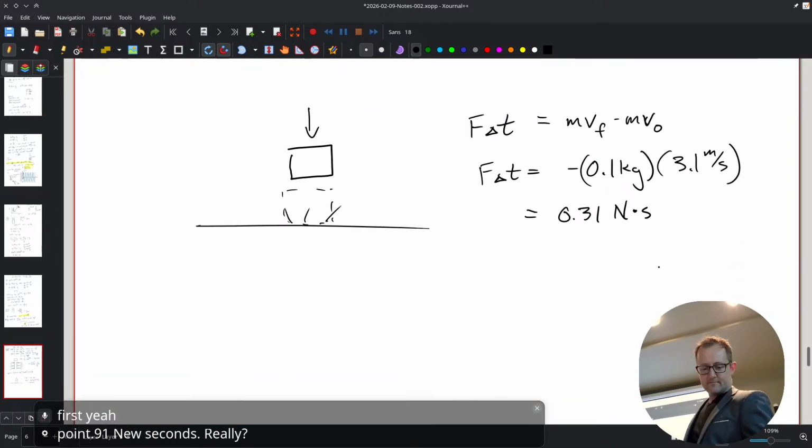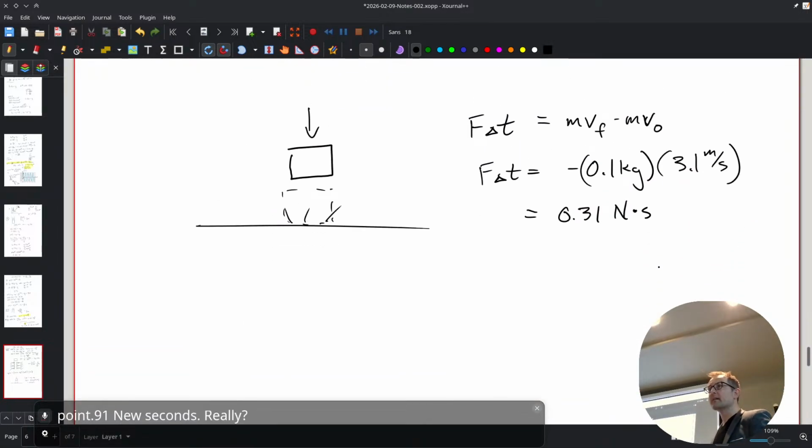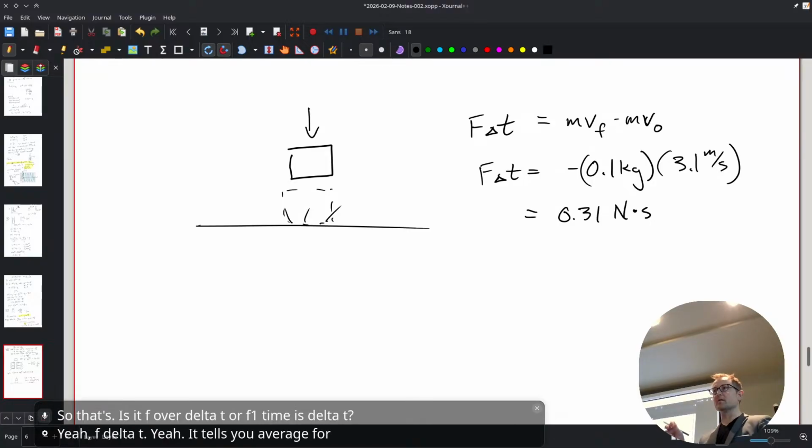Yeah, because it's 3 times the normal force, and the time to stop was 0.6 seconds. So is it F over delta T or F times delta T? F times delta T. It tells you average force over a time.